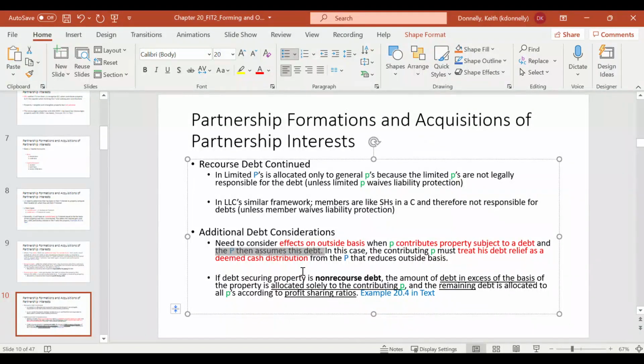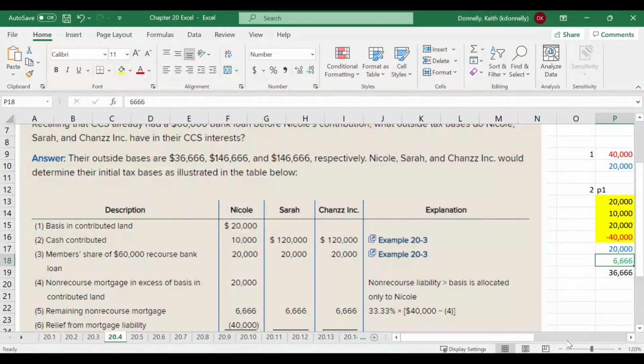This is where you have to read it carefully. The amount of debt in excess of the basis of the property is allocated solely to the contributing partner, and any remaining debt is allocated to all partners according to their profit sharing ratio. So that's kind of a mouthful. Let's look here at 24.